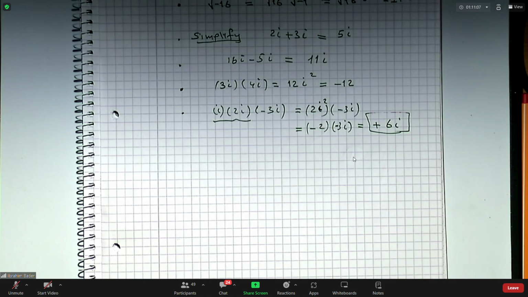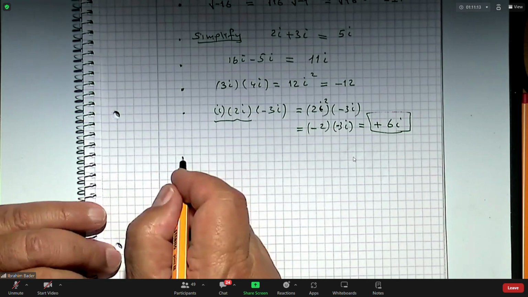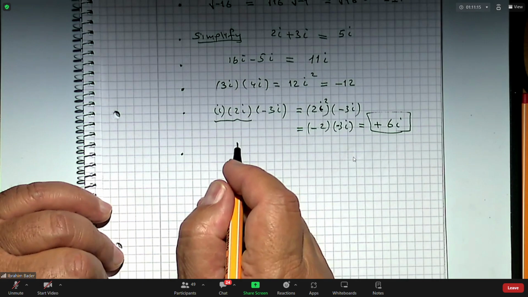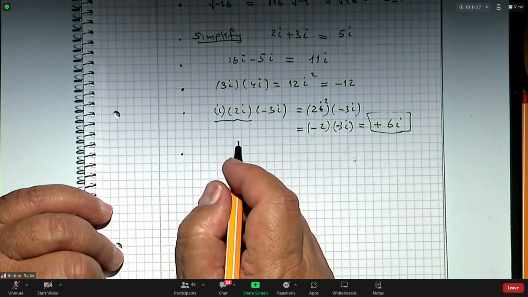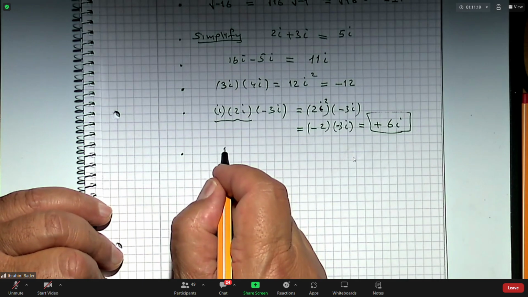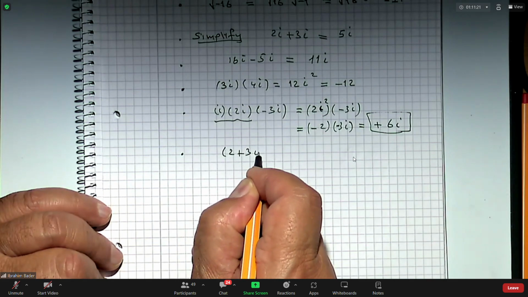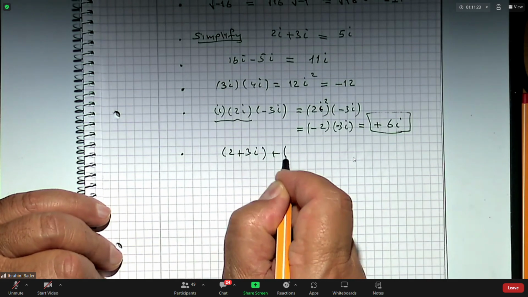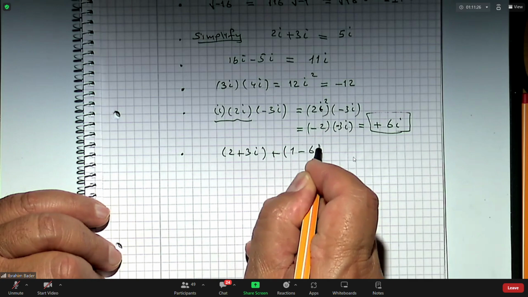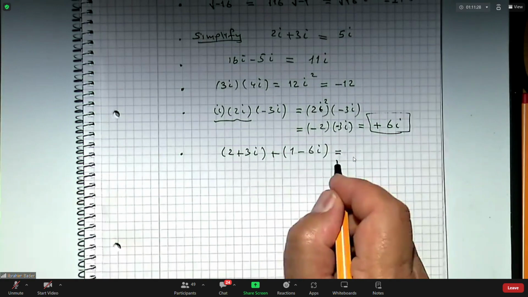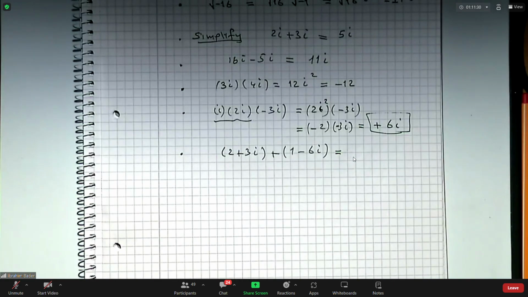Let's move to some addition. I admit some of these might look a little bit trivial, but nevertheless, just to make sure that you got the theory behind that. So 2 plus 3i plus 1 minus 6i. This is straightforward. You have 2 and 1.